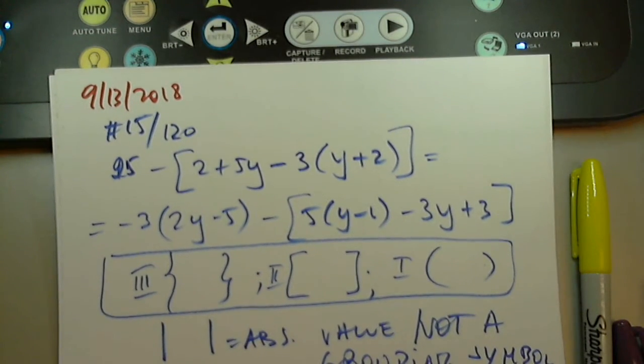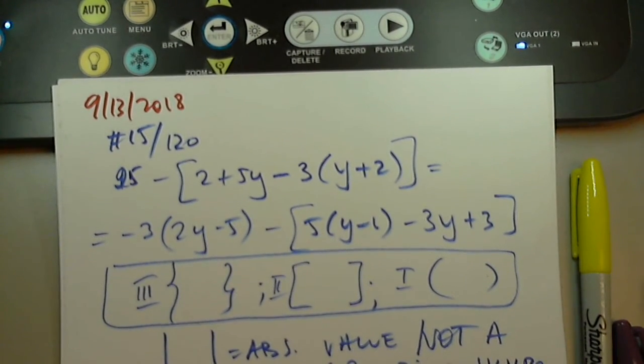So what's the difference? In parentheses, I can distribute. In the absolute value, I cannot. In parentheses, I can factor out. In absolute value, I cannot. So the absolute value can never be treated as a grouping symbol.